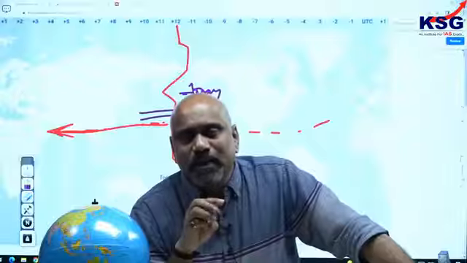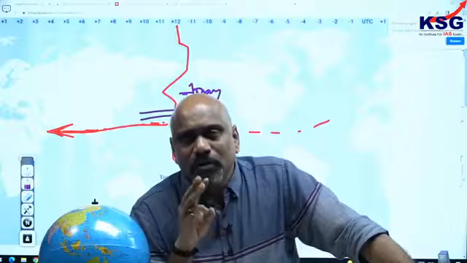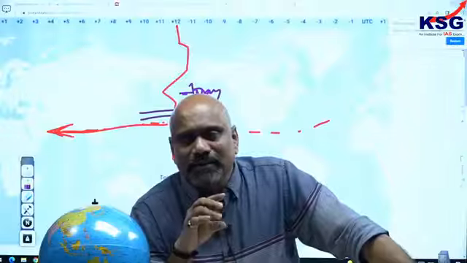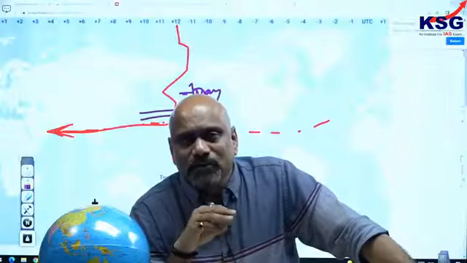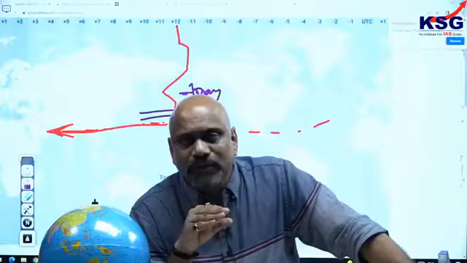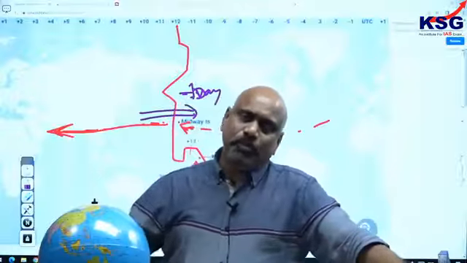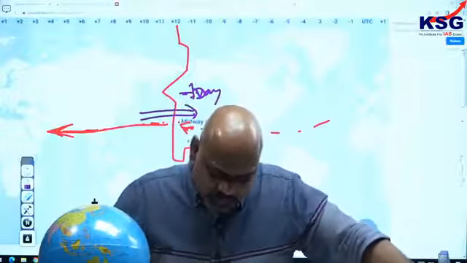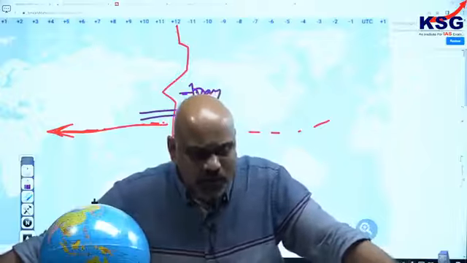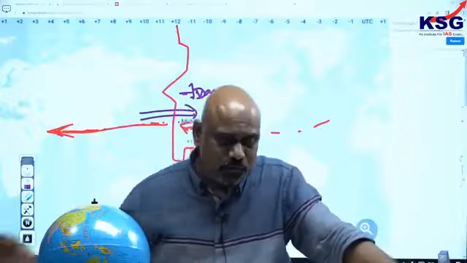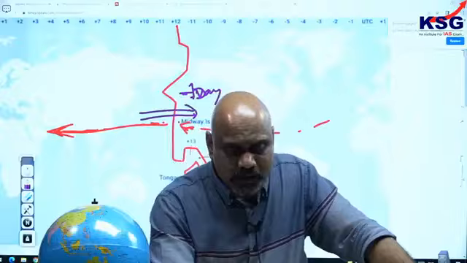Second, P waves pass through solid, liquid, and gases, but P wave velocity decreases in liquid and is very low in gases. So because it is semi-solid, the velocity decreases here too. That's why both P and S wave velocities are less, and it is called the low velocity zone. Okay, I hope it is clear now.